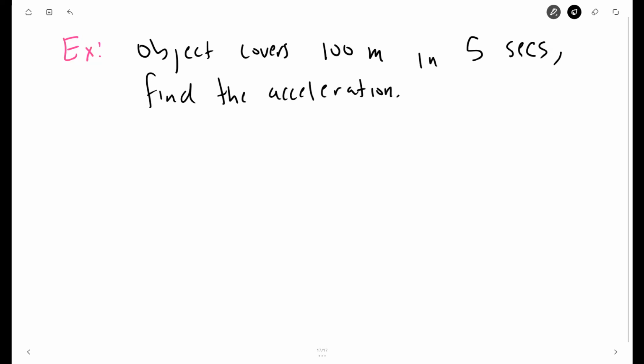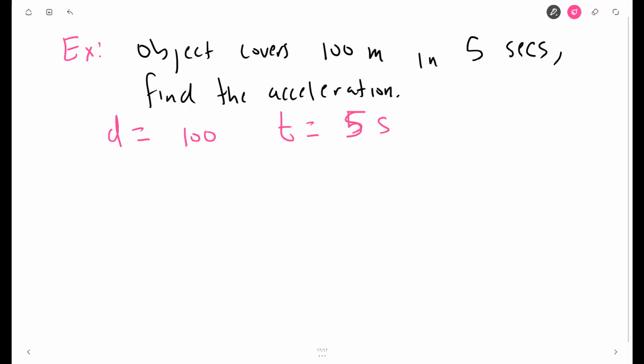So we're given distance is equal to 100, and then time is equal to 5 seconds.